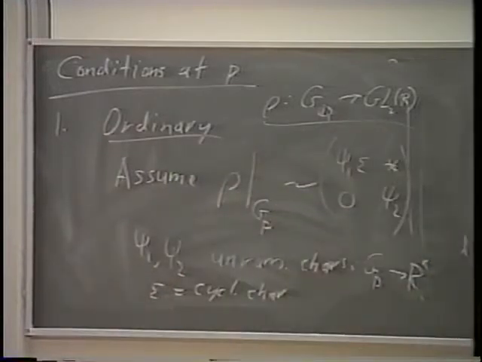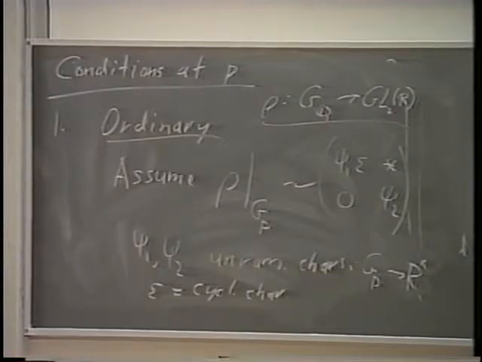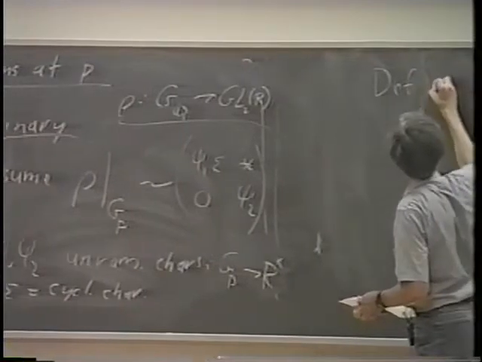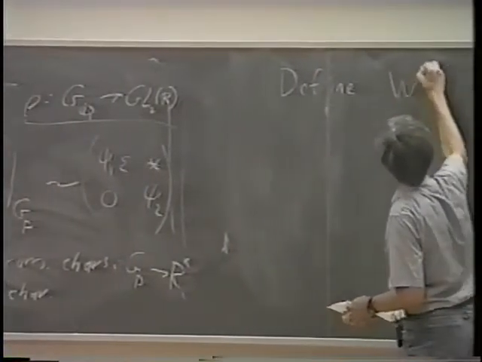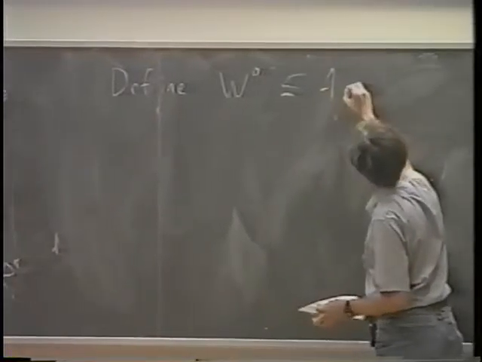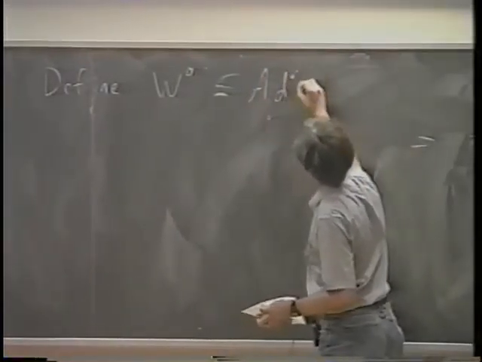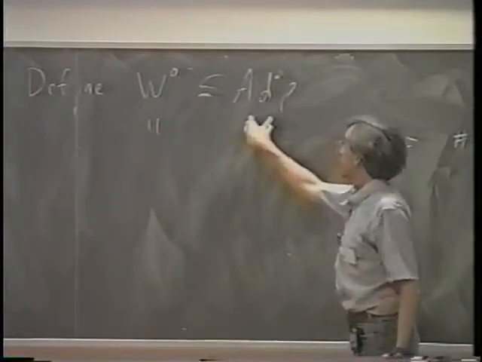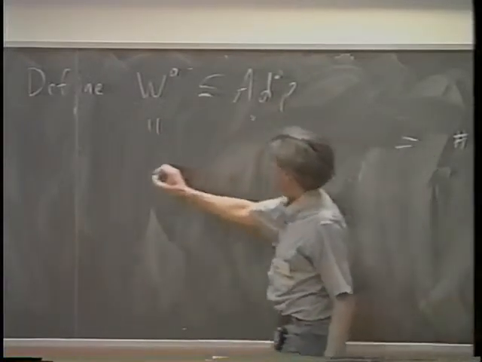So what kind of local condition do we put on this case? Well, actually, let's not put a local condition yet. I need a submodule of ad naught. So we define W naught contained in ad naught by, well, these are just 2 by 2 matrices with trace 0.